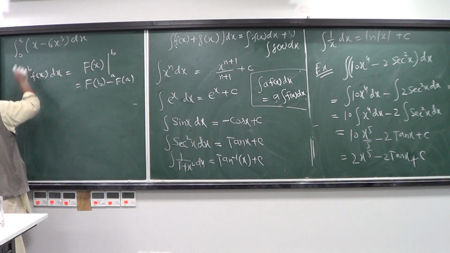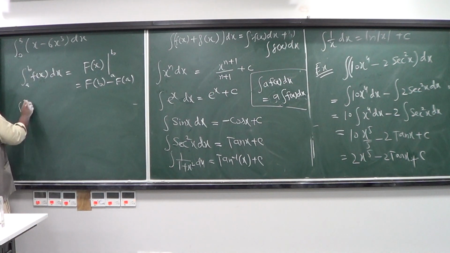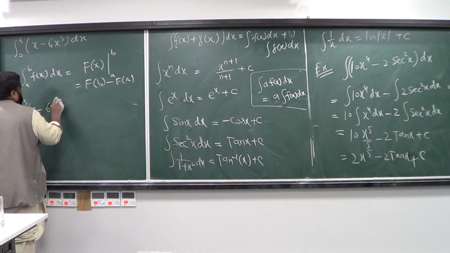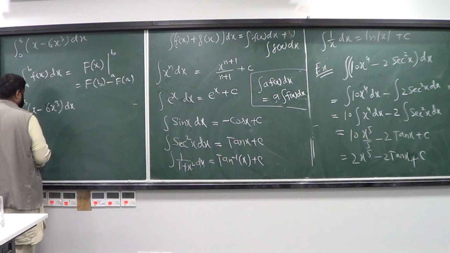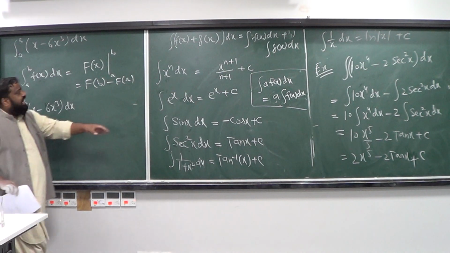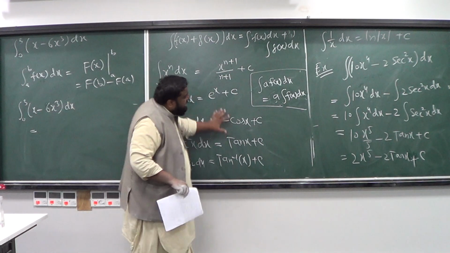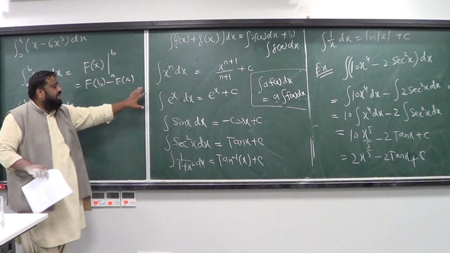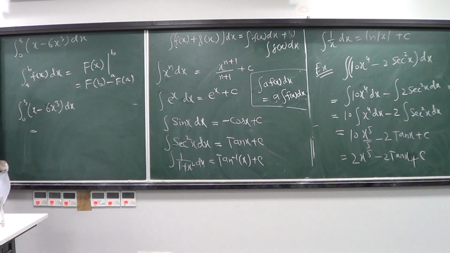So the first step is to find the antiderivative of x minus 6x cubed dx. How are we going to find it? Always try to break down your integral in terms of these basic integrals. Simplify them as much as possible and then apply this antiderivative list.